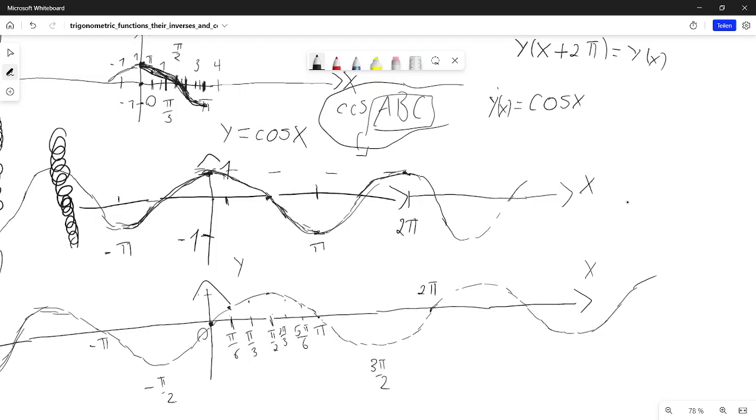And now, no matter what x I take, okay, that's not drawn nicely, but that's what is meant. So y of x plus 2 pi: we go a big step in the size of 2 pi, and here the value should be the same. And so it repeats, and the short form is that here. And that is true for cosinus and for sinus.